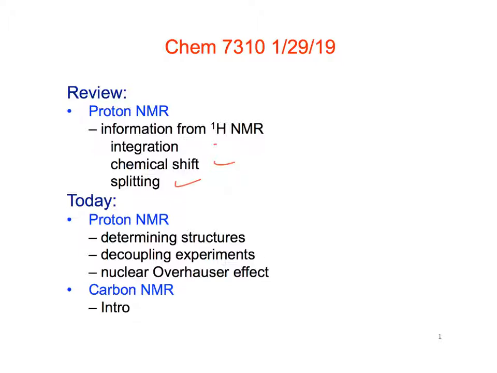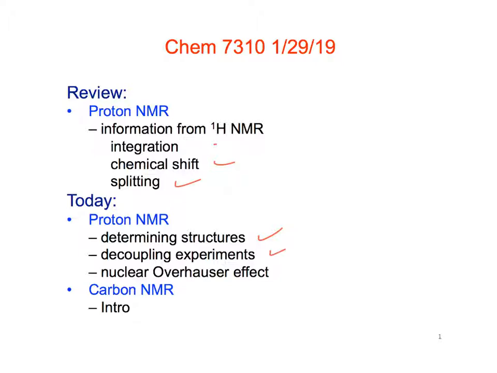So today we're going to spend a little time practicing, working some problems, and then we're going to talk about two other types of one-dimensional NMR experiments. Decoupling experiments are a way that we can determine directly whether two protons are coupling with each other, instead of just matching coupling constants.